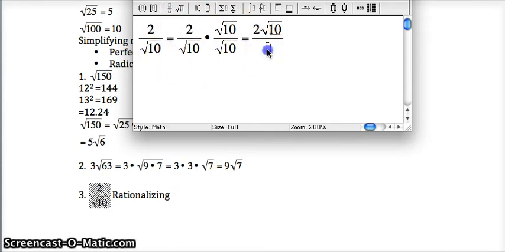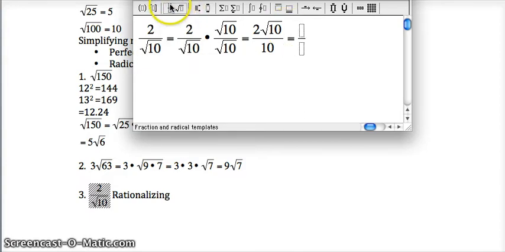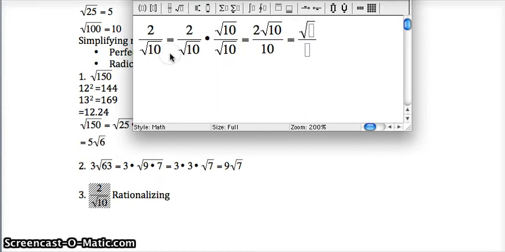And in the denominator you have root 10 times root 10, radical 10 times radical 10, which is just the square root of 100, which is 10. Because if you take the square root of something times the square root of something, you get that something back. Then you reduce, so you divide the top and the bottom by 2, and you get the square root of 10 over 5.